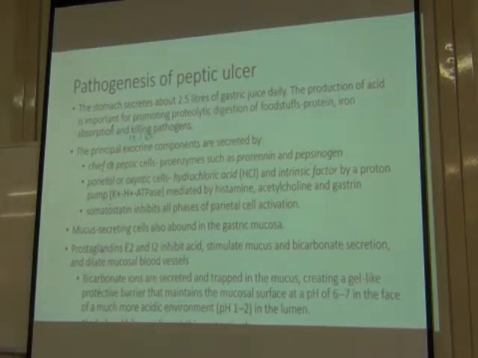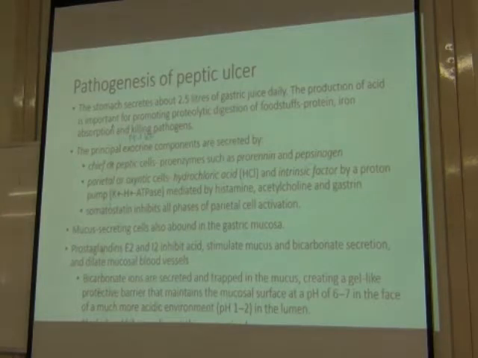So when we were looking at our NSAIDs, we talked about the cytoprotective nature of the GIT. That nature has found a way to protect the stomach from the hydrochloric acid, the gastric acid that is needed for digestion of food. Nature has a way of protecting itself by the formation of a mucus gel over the gastric mucosa.